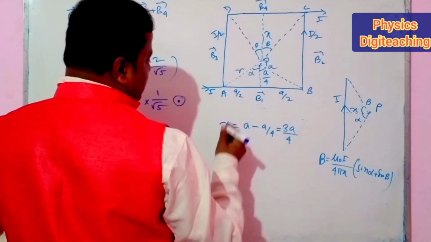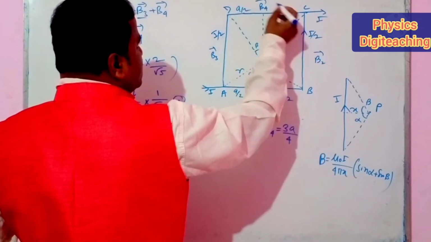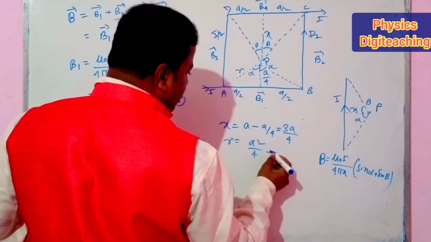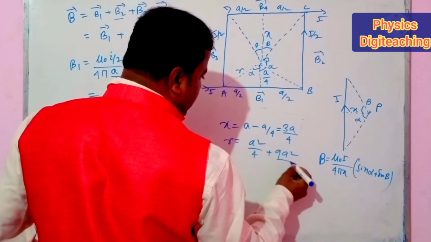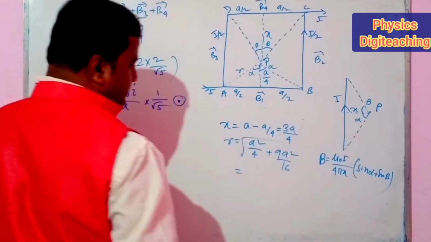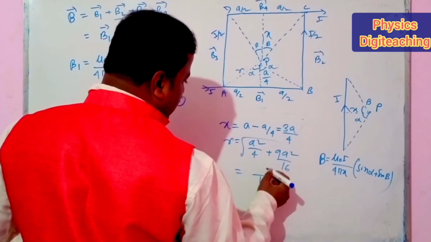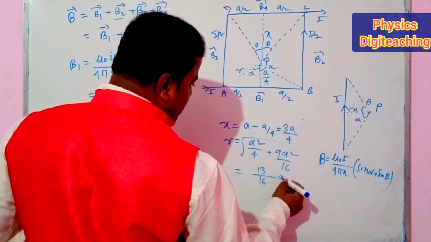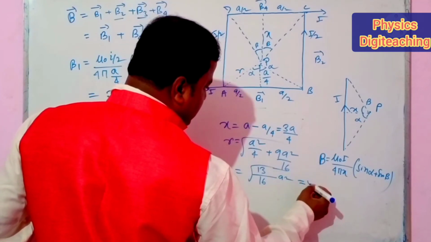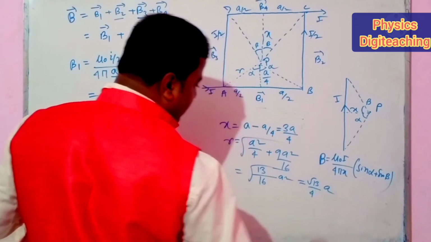Now this hypotenuse r equals under root a square by 4 plus 9a square by 16, and this gives root 13 by 4 into a.